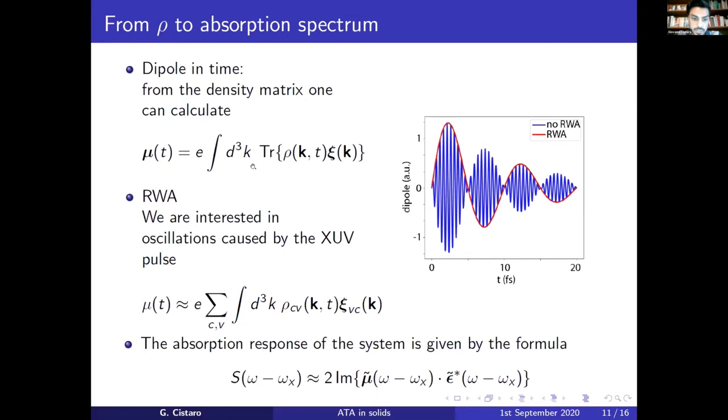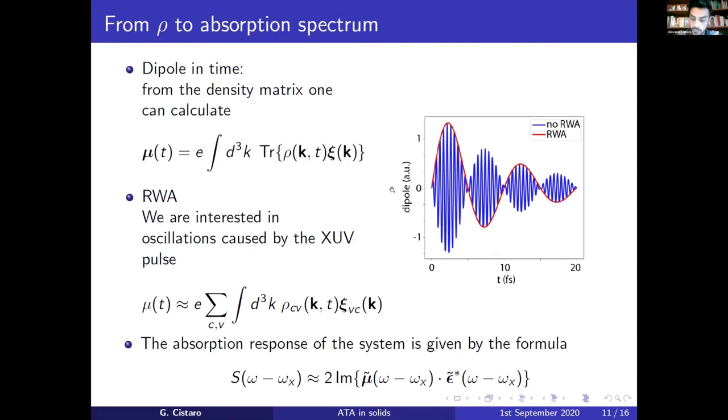And in this approximation, what happens is that the main contribution of the dipole in time is given only by the coherence between core hole, that here I indicate with C, and valence and conduction band that I indicate with B. So the dipole in time will depend on the density of the coherence between these two bands and the Berry connection.